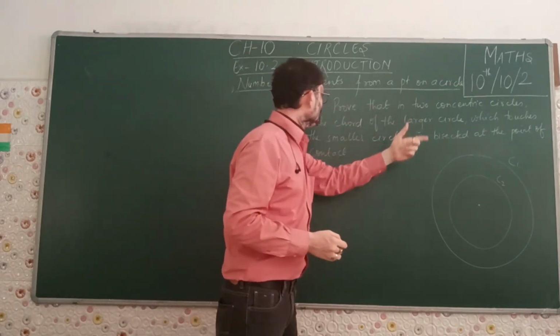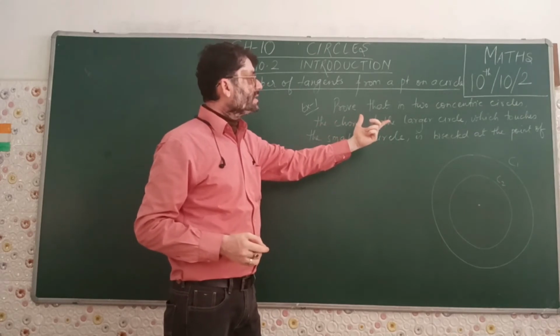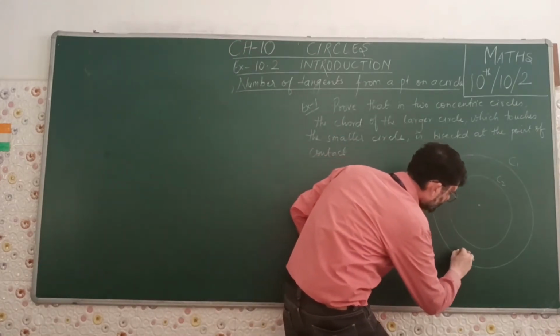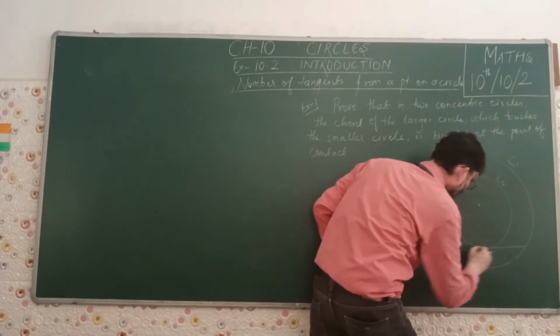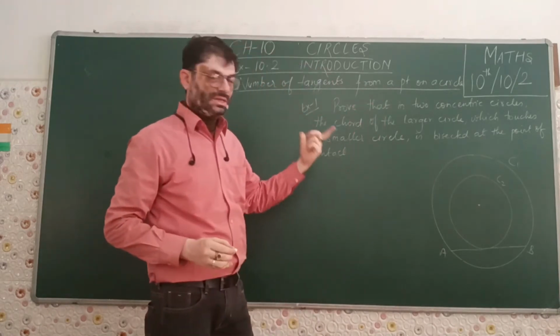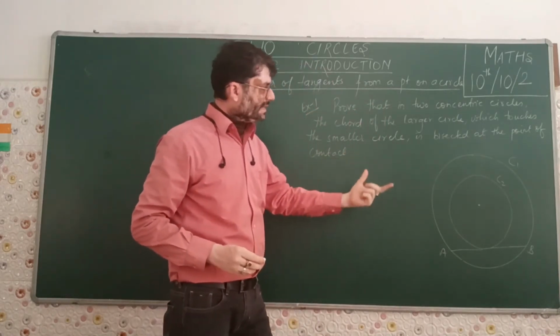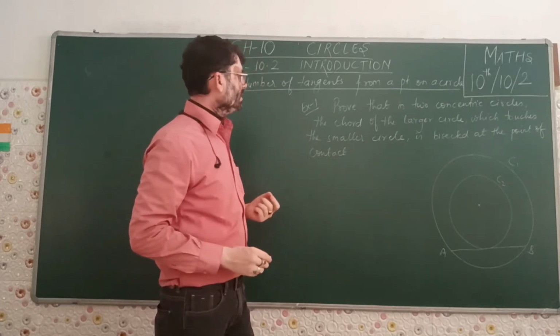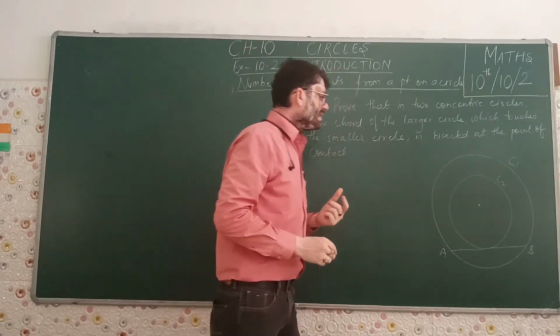So in two concentric circles, the chord of the larger circle which touches the smaller circle. When AB is the chord of the larger circle, and that touches the smaller circle, it becomes a tangent to the second circle. It is bisected at the point of contact.